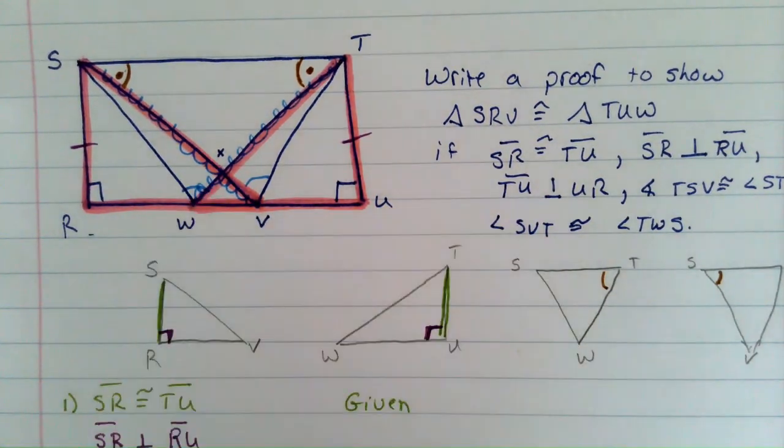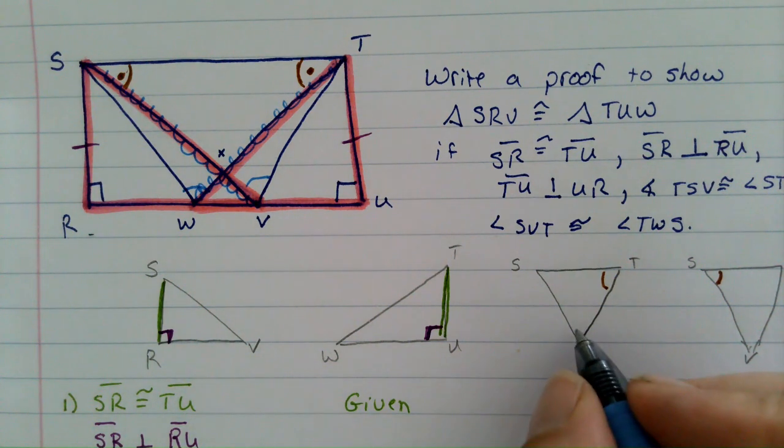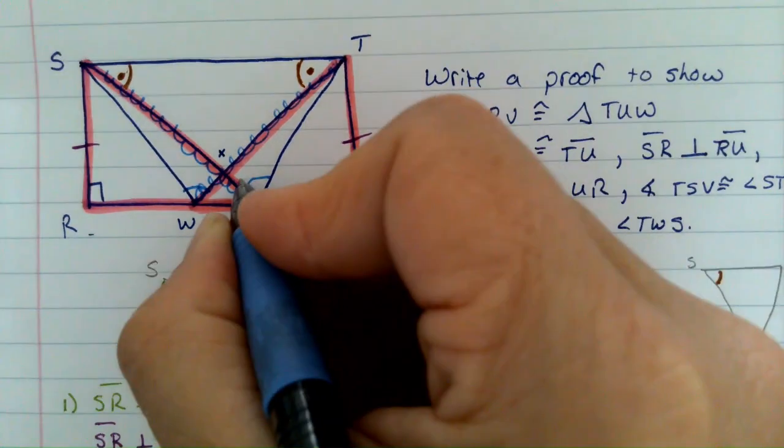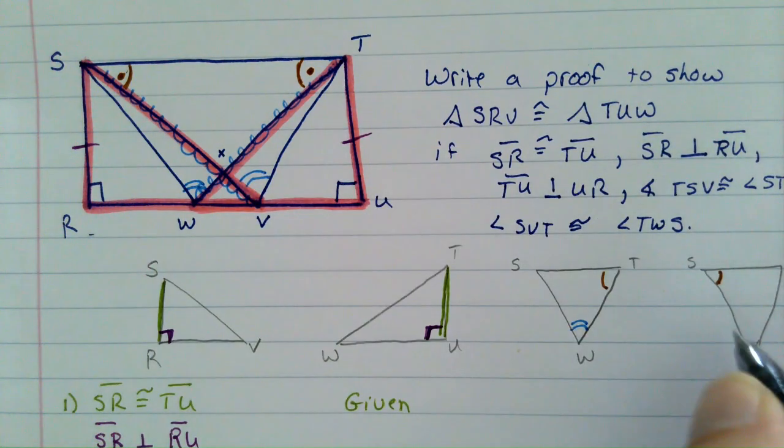We also marked that this angle W and this angle at V, I guess I should have done it, not just color coding, happen to be the same.